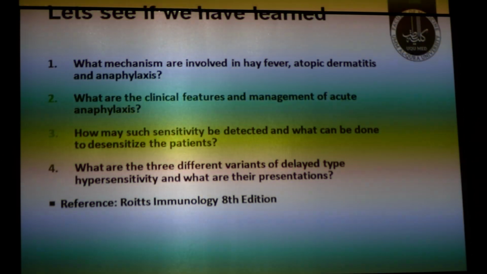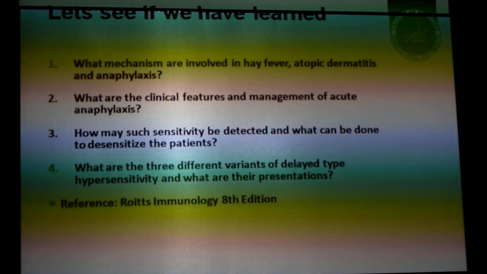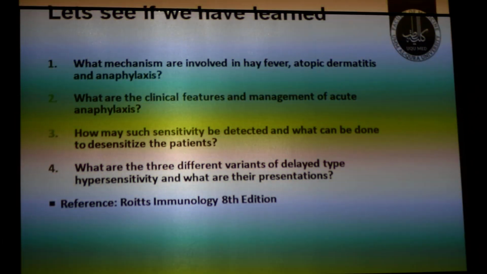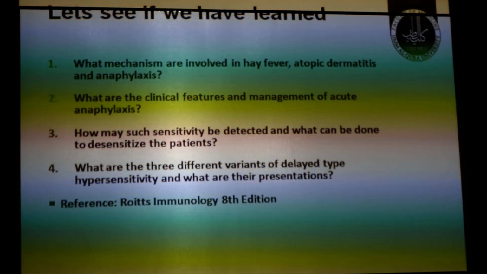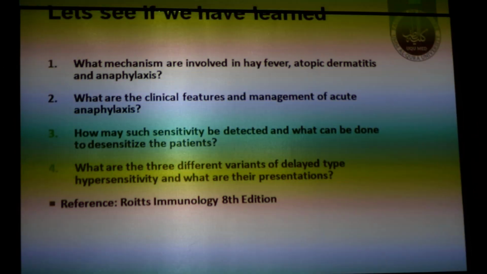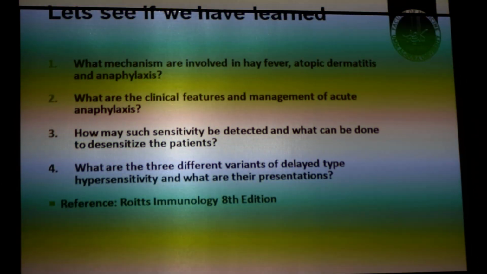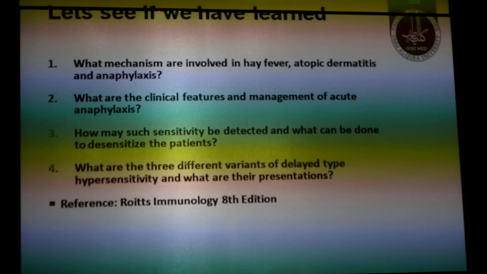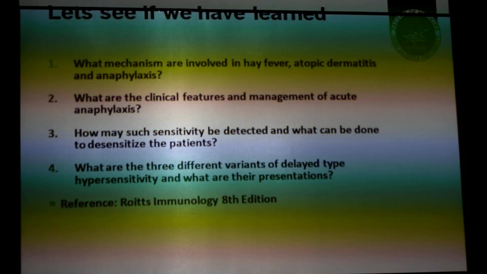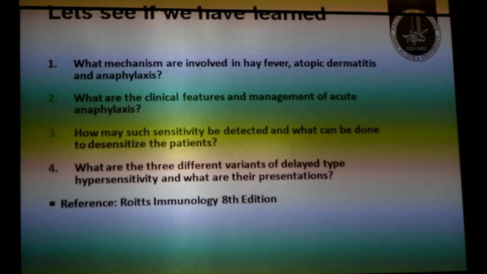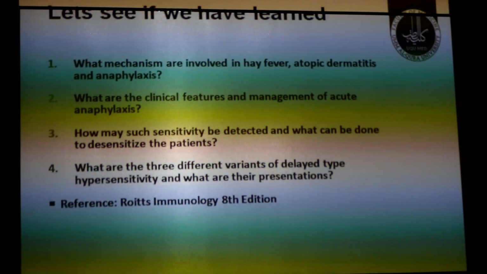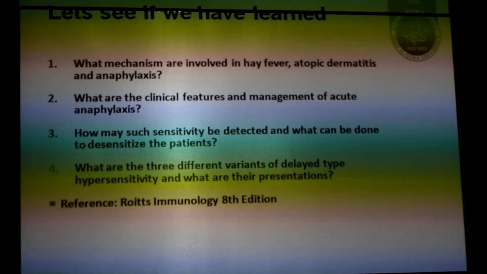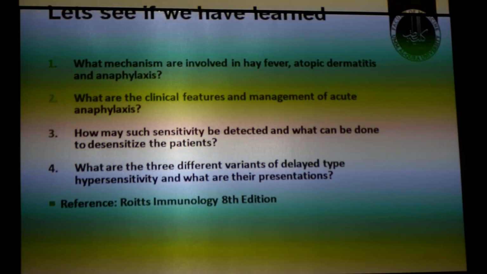Which antibodies can you detect? IgE, very good. You can detect total IgE and specific IgE. Now there are tests where you can detect IgE against pollens, IgE against this. But is this still specific enough to tell you? No. The gold standard for checking allergies is the skin prick test and the patch test.